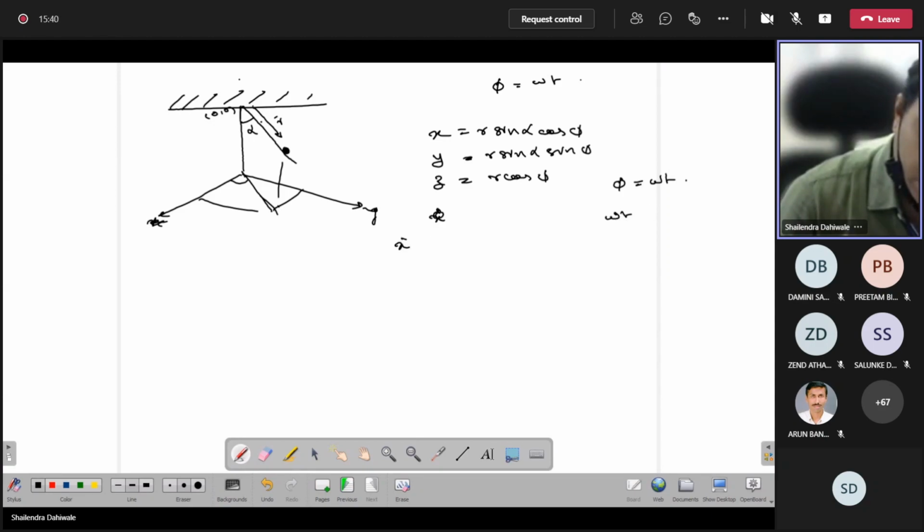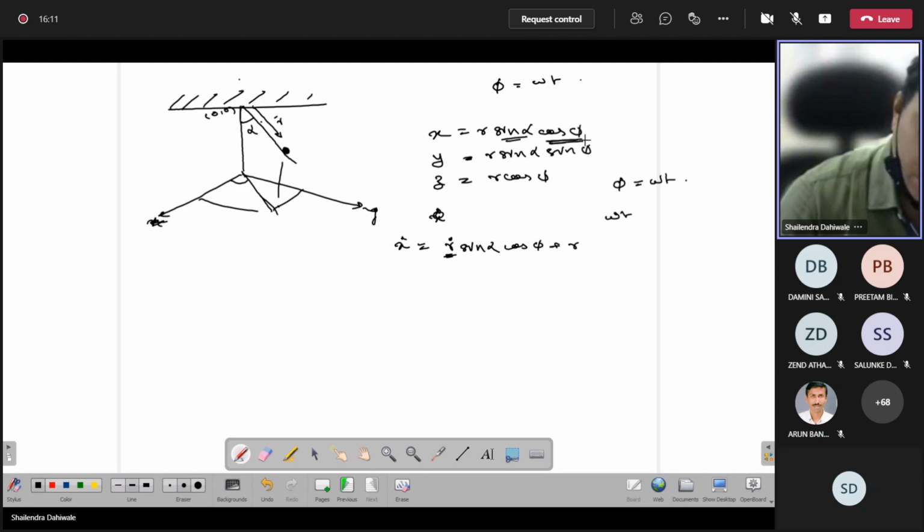So my x dot will be r dot. R is time dependent, right? R is time dependent. Alpha is time independent, so it will remain as it is. This is because the first derivative I'm taking with respect to r, so this will remain as it is. Now the derivative of this, since alpha is constant, the first term will remain as it is.